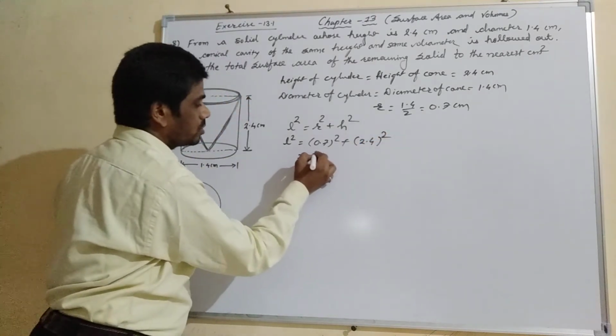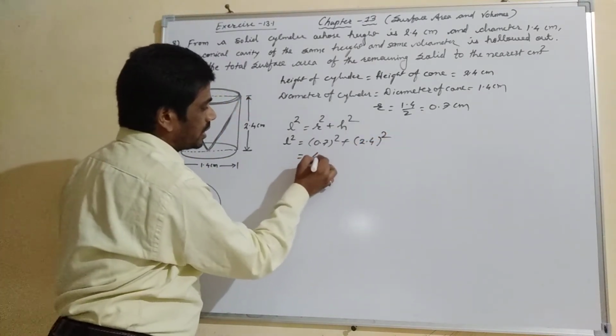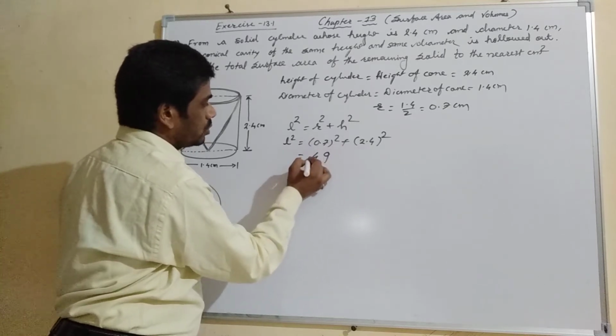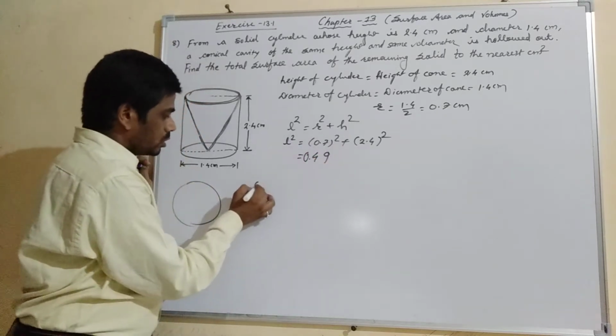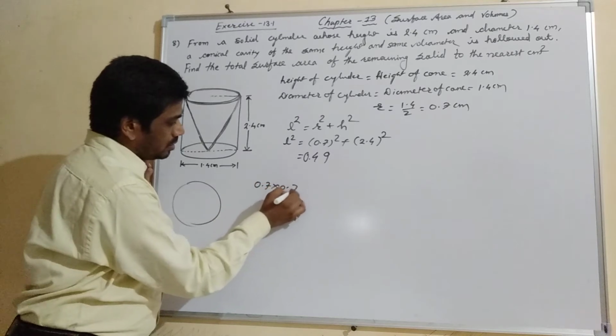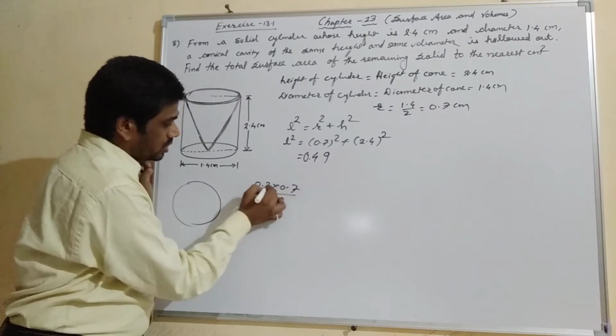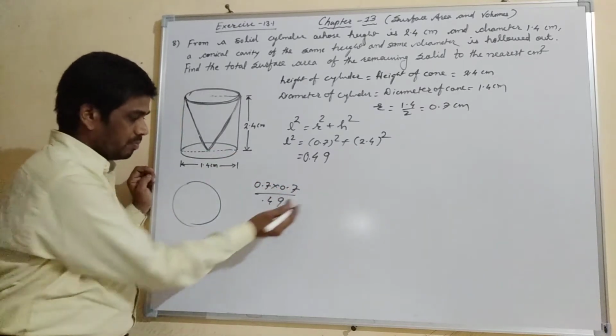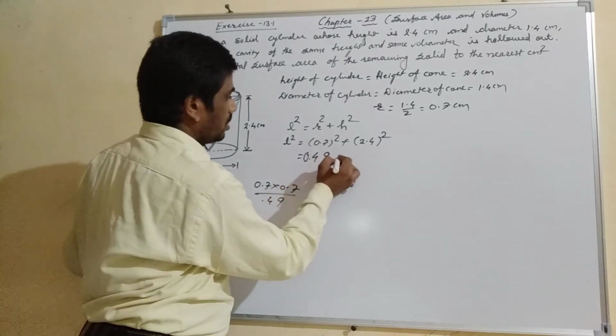So it will be 7 7 49, and we put 2 digits before the decimal point, because 0.7 into 0.7, 2 digits are in the decimal.